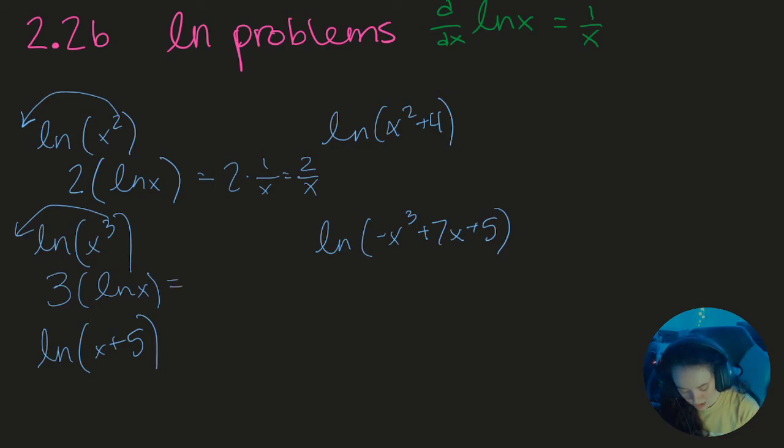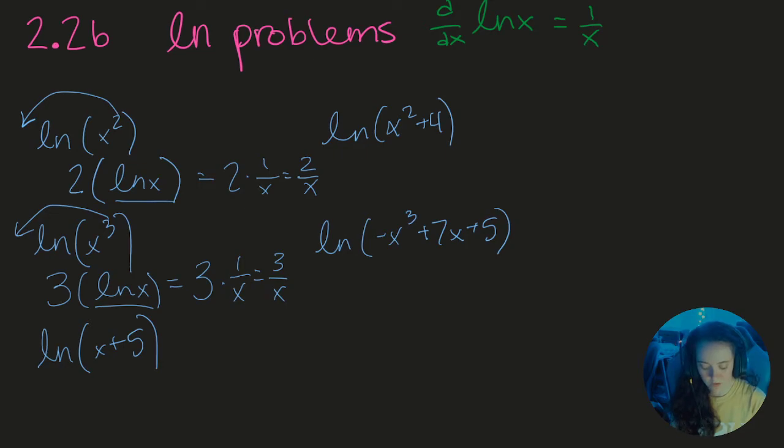You'd end up with 3 times the derivative of this, which is just 1 over x, and that would just be 3 over x. So if you just have ln and then x to an exponent, it's just going to be whatever the exponent is over x.